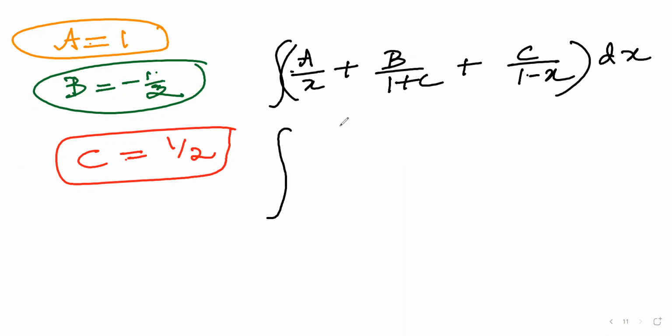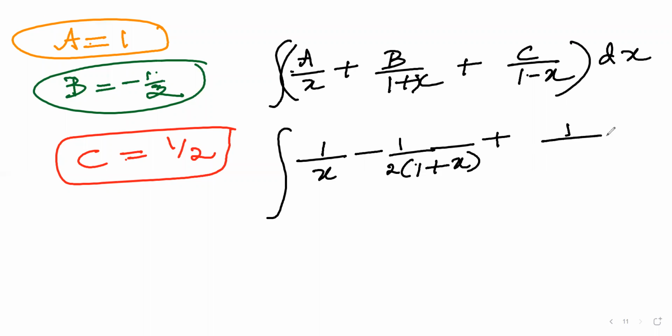And what's our a? A is 1, so it's 1 over x. B is minus half, so that gives me 1 by 2 into 1 plus x, because b is negative half, right? And c is 1 upon 2 into 1 minus x, dx.